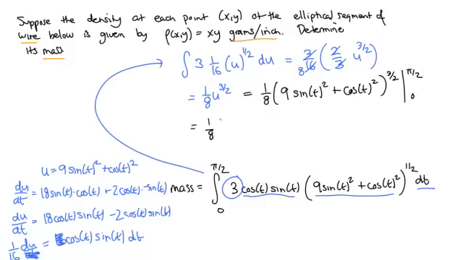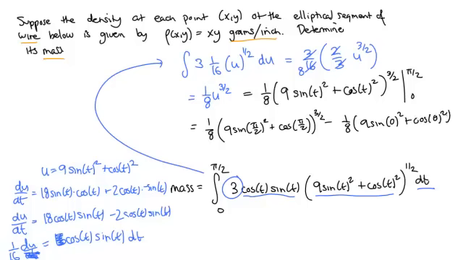If we plug in pi over 2, we're going to have 1/8 times 9 times the sine of pi over 2 squared plus cosine of pi over 2 squared to the 3/2 power. If we plug in 0, we're going to have 1/8 times 9 times the sine of 0 squared plus the cosine of 0 squared to the 3/2 power. At 90 degrees, cosine is 0 and sine is 1, whereas at 0, sine is 0 and cosine is 1.